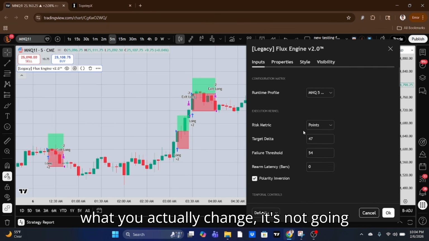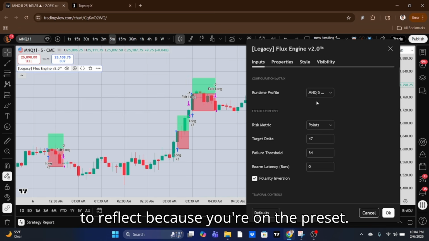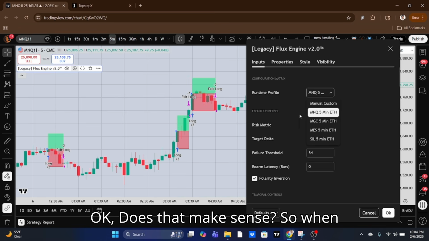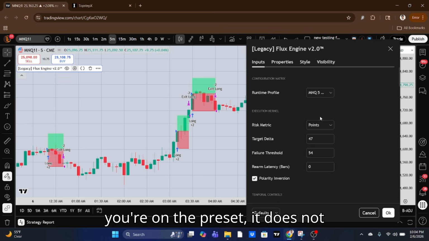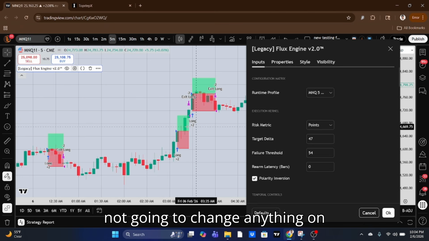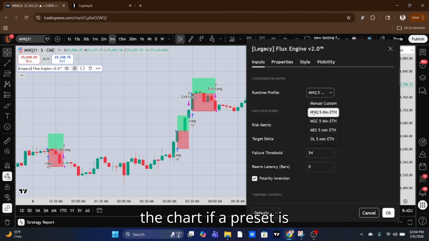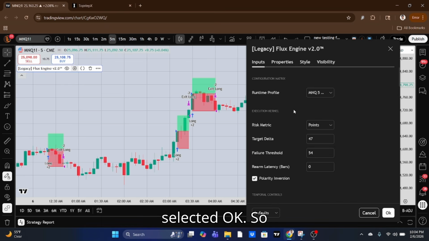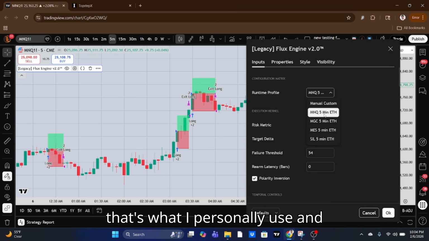So it does not matter what you change, it's not going to reflect because you're on the preset. Does that make sense? When you're on the preset, it does not matter what settings you change, it's not going to change anything on the chart if a preset is selected. So that's what I personally use.